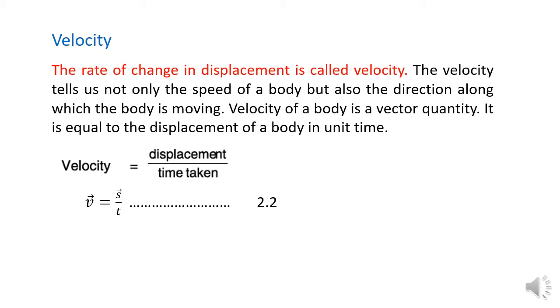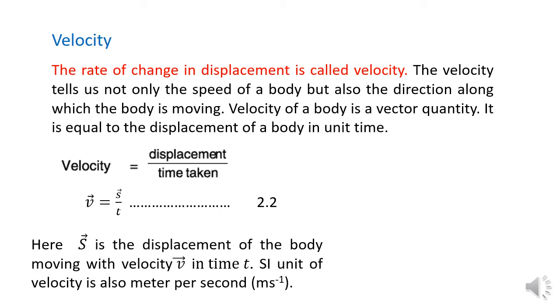Mathematically, it is given in equation 2.2 where v is the velocity of the object, s is the displacement, and t is the time. The SI unit of velocity is also meter per second.